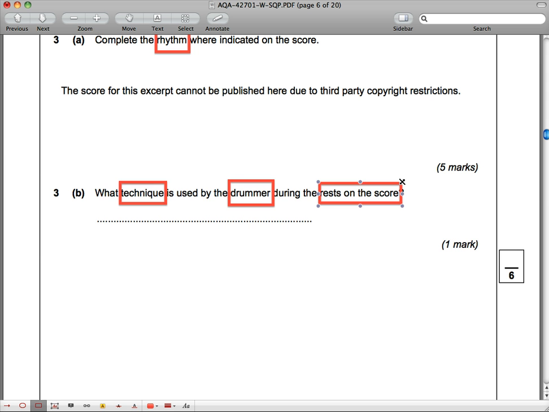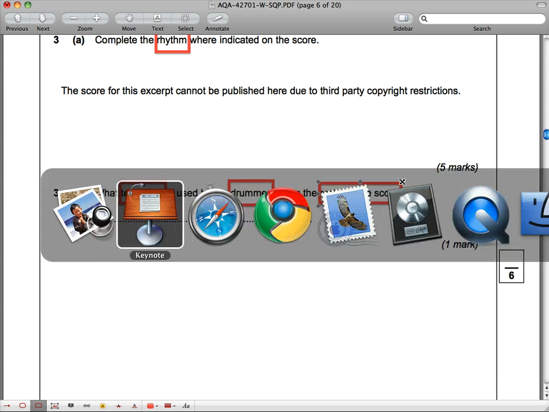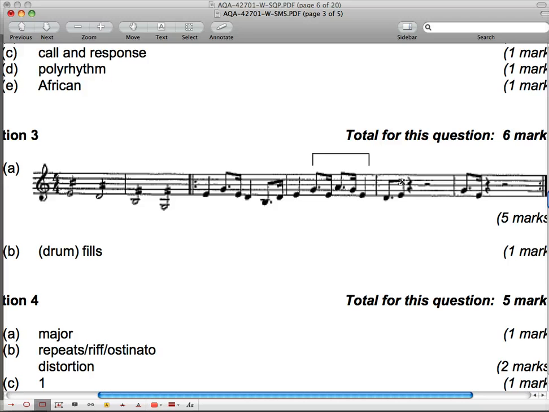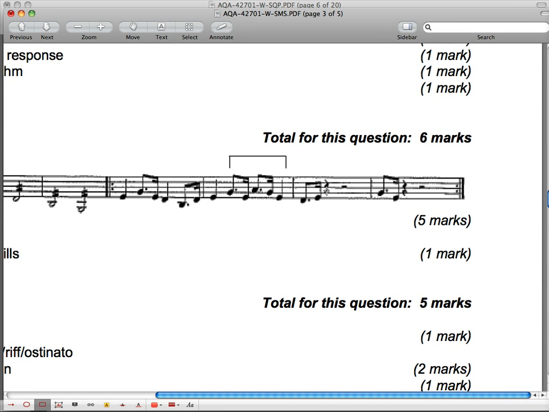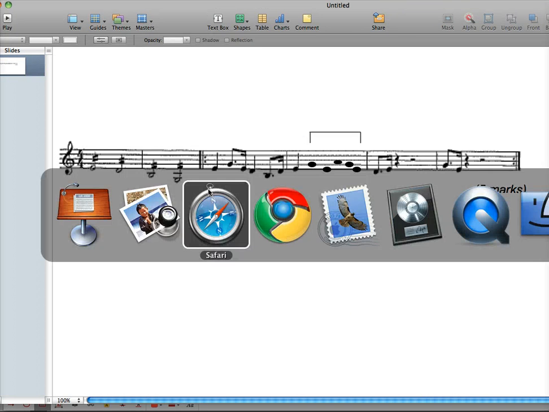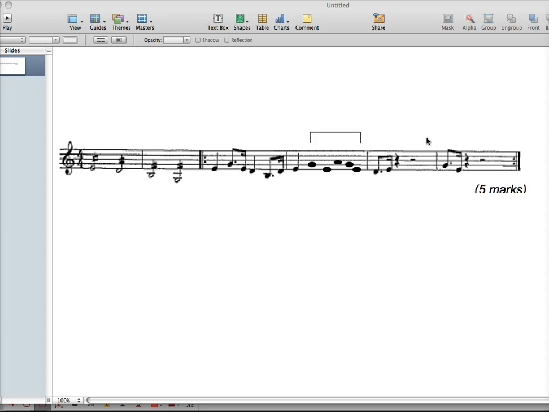So if we go back again and have a look at the question paper, or the answers paper even for the score, you can see that we've got a quarter note rest and a half note rest in each of the last 2 bars. So we've got 1 quarter note's worth of pitch, and then we've got the rest there. So even if I hadn't heard the recording, I'd be willing to bet that what's happening in there is that the drum kit part is playing a fill-in to fill up the empty space.